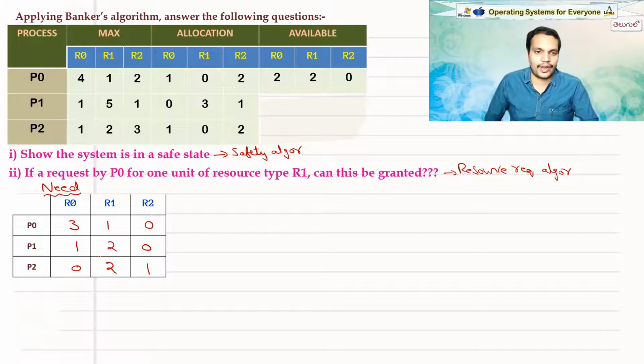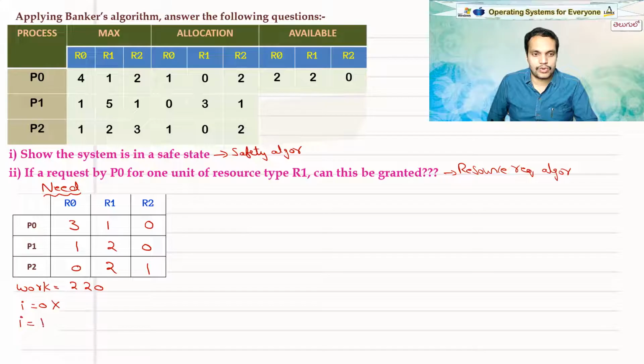First, let me verify whether it is in a safe state or not. It is asking me to show it is in a safe state, so it should be in a safe state. Work is equal to 2, 2, 0. First, let me start with I is equal to 0. It doesn't satisfy because 3, 1, 0 is greater than work. So I is equal to 0 will not be taken first.